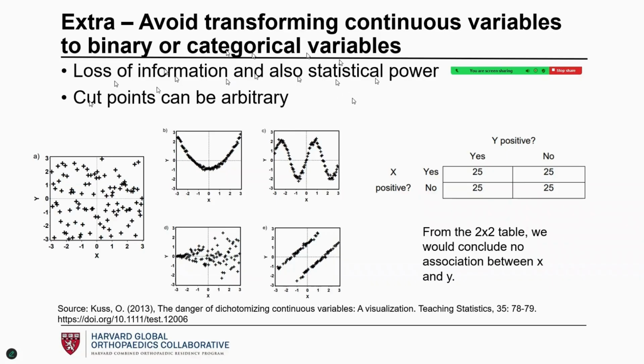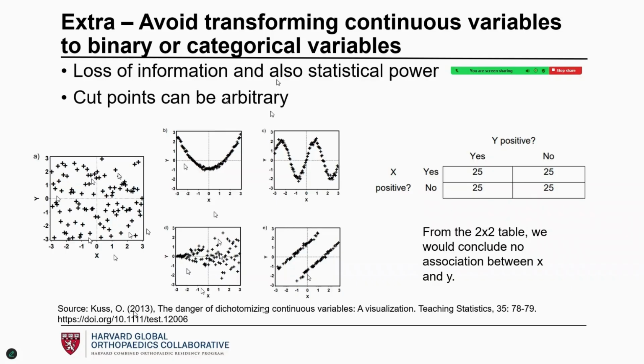In addition, the cut points that are used for transforming a continuous variable into a categorical variable could be arbitrary. To demonstrate this, I refer to this paper, where the author created 5 scenarios. These 5 scenarios are very distinct from each other.